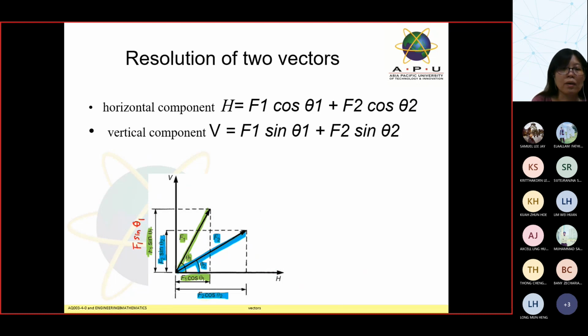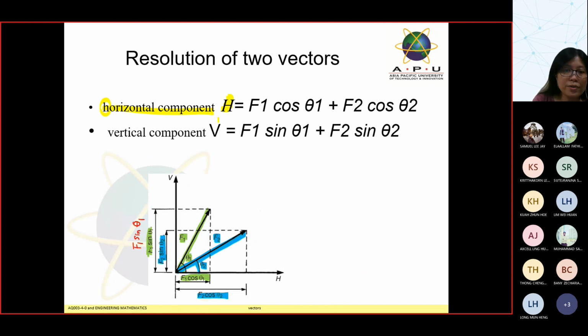Okay, next part. What is the horizontal component? Normally we use H because we take the initial letter for horizontal. Since we have two forces F1 and F2, there is a horizontal component for F1 and also a horizontal component for F2.